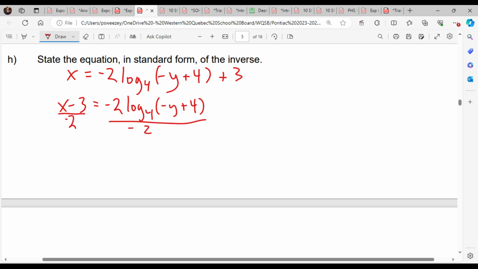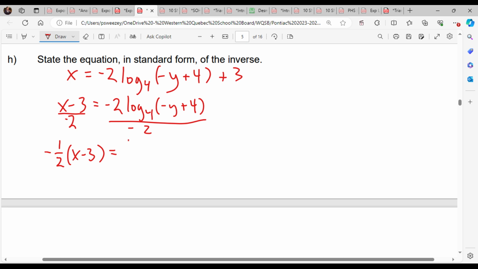Now, I wouldn't leave it like that. To write this in a way that makes more sense for an equation, I'd say this is -1/2 times x minus 3, because now I have something on the exterior, potentially a b, and I have my x and I have my h. So it's written in a way that makes more sense to me later on, right?